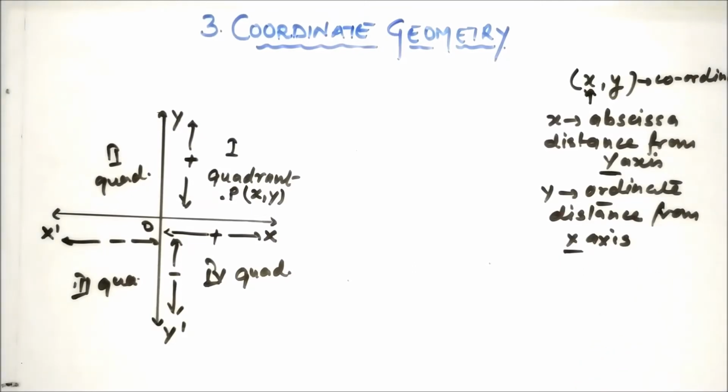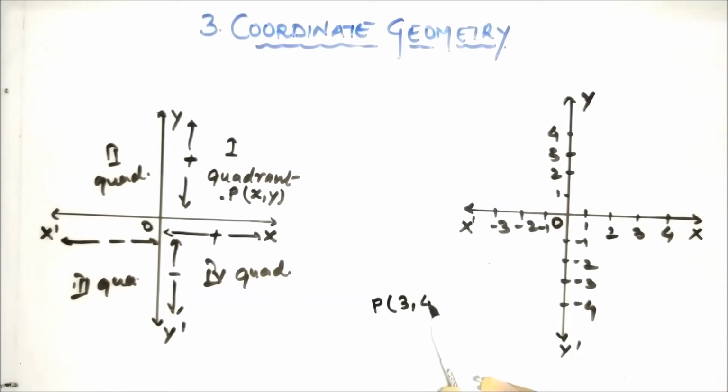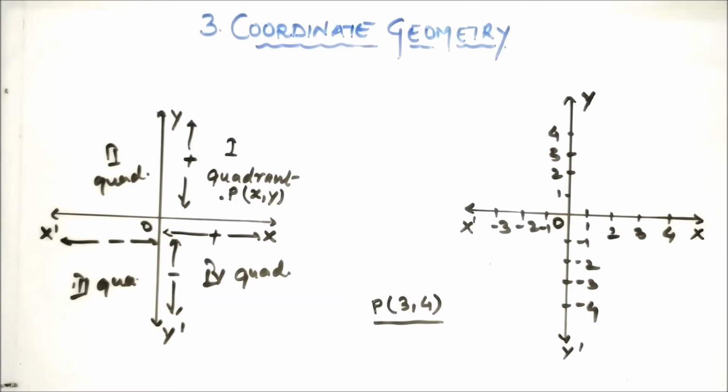Now I'll give you an example of how to mark a point. In this coordinate plane, suppose I have to mark P, that is (3, 4). This will be very important for you in this chapter.